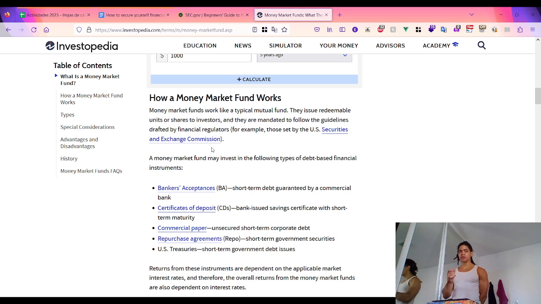And these money market funds typically invest in short-term debt.